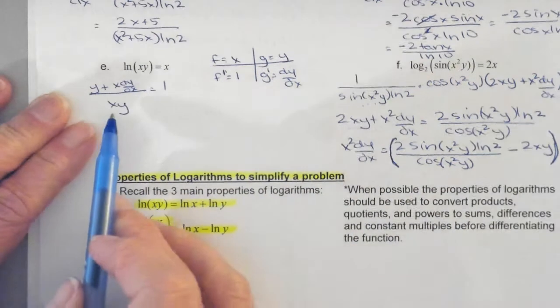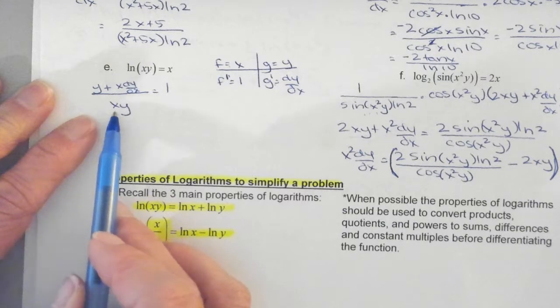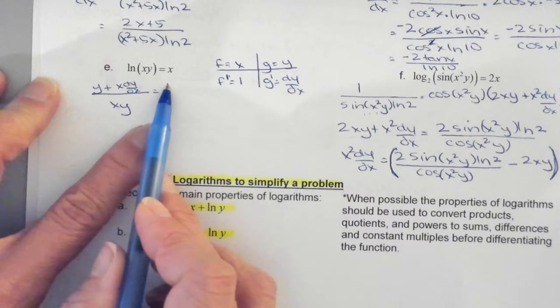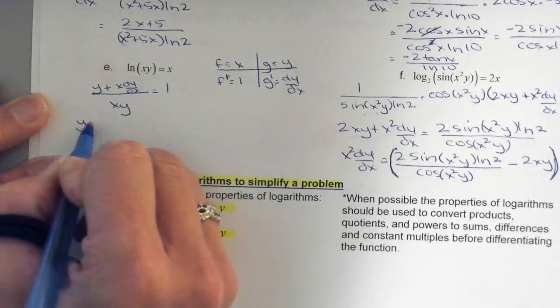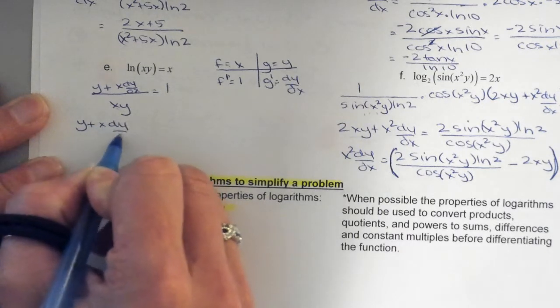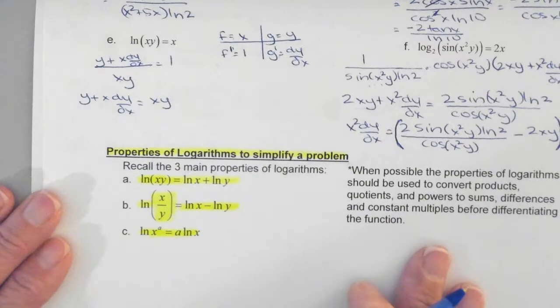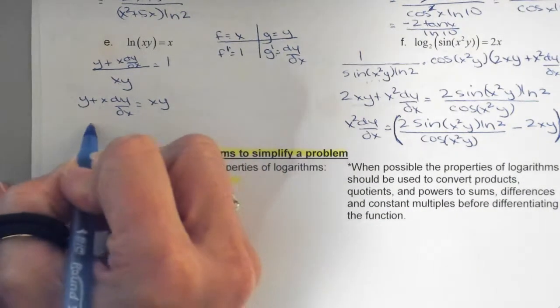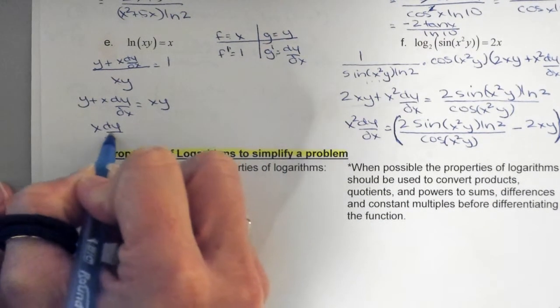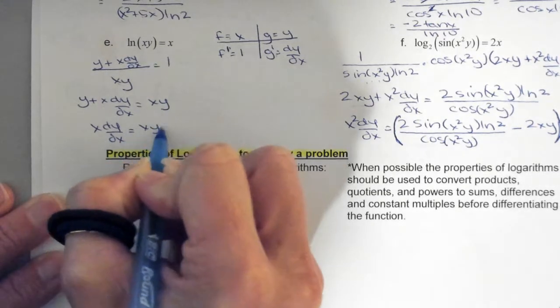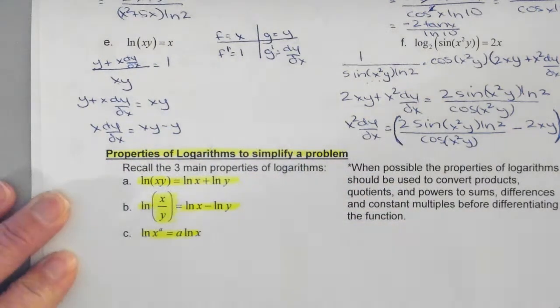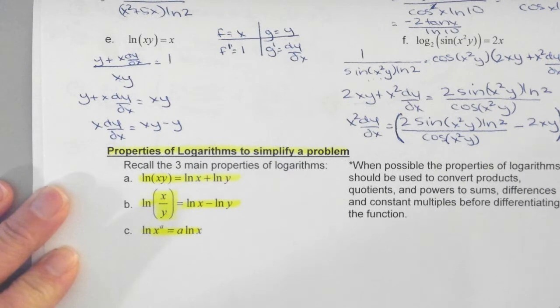To make this look less scary, can I just multiply this over here? Okay, so then we've got y plus x dy/dx is equal to xy. Now what? Subtract y. So you've got x dy/dx is equal to xy minus y, and then divide by x.